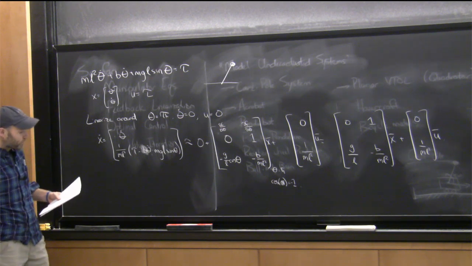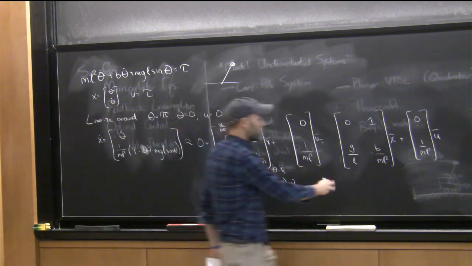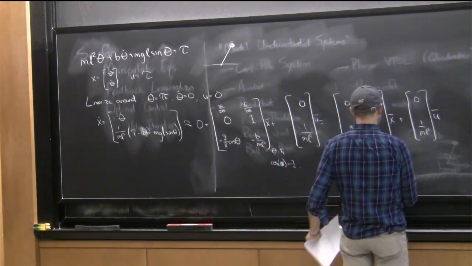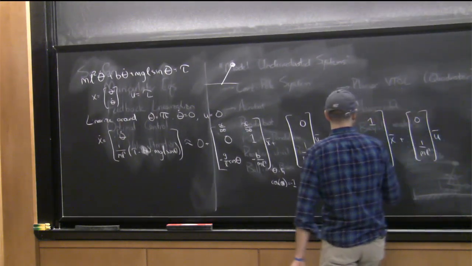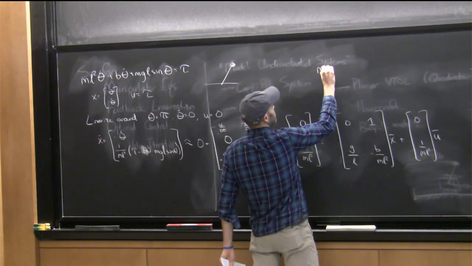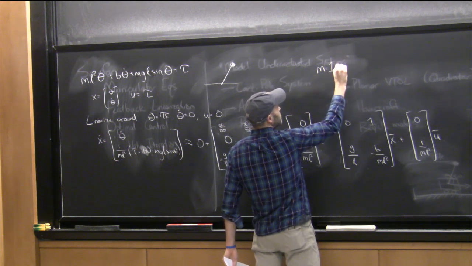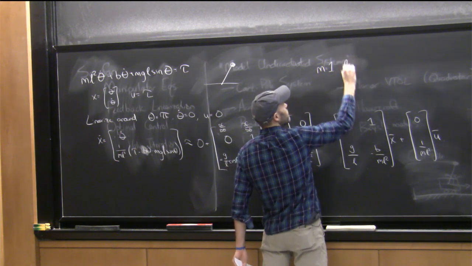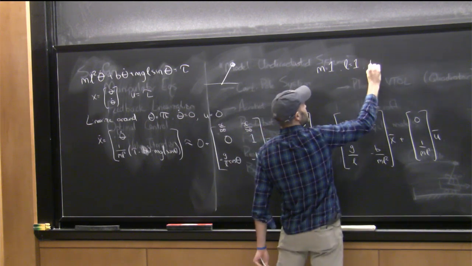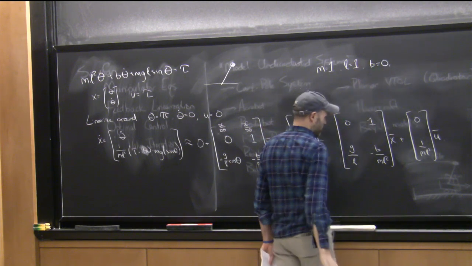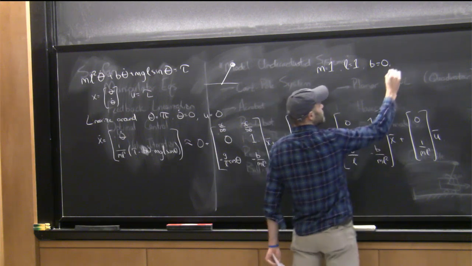Okay, so this is a little much. Let me insert some numbers, and here's something I tend to do in this class. I'm going to just set mass equal to 1. Let's set length equal to 1, whatever I can to make these equations easier. I'll say damping equals 0. I can't get myself to say gravity equals 1.